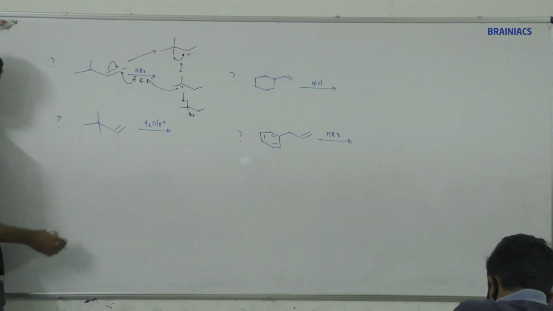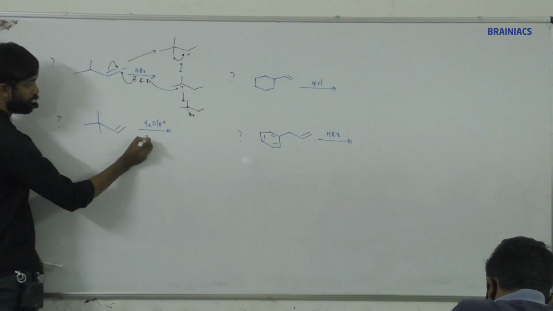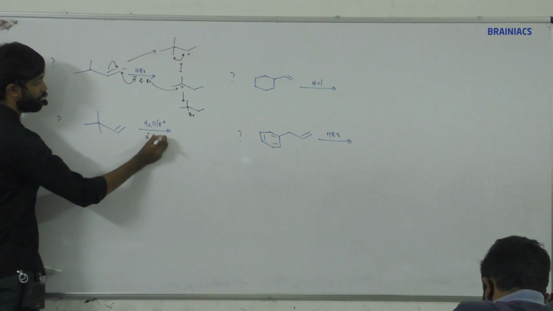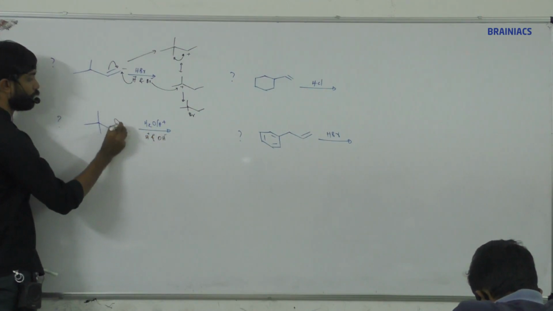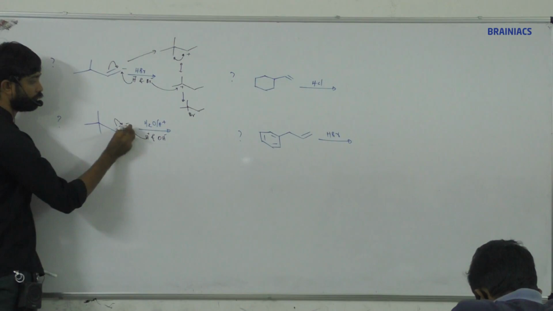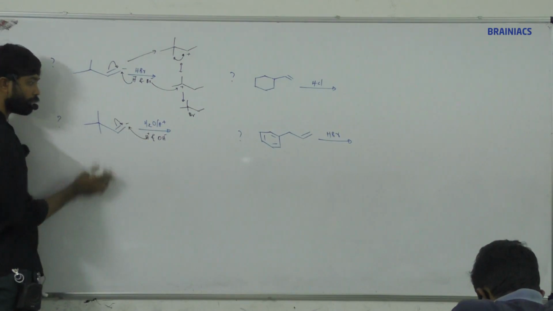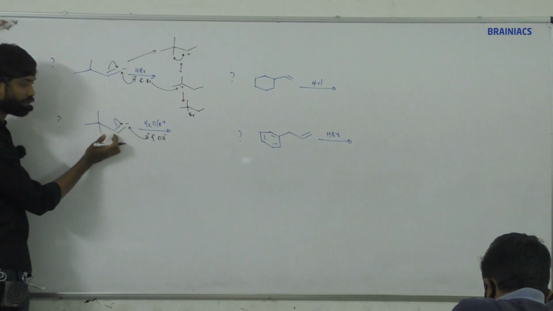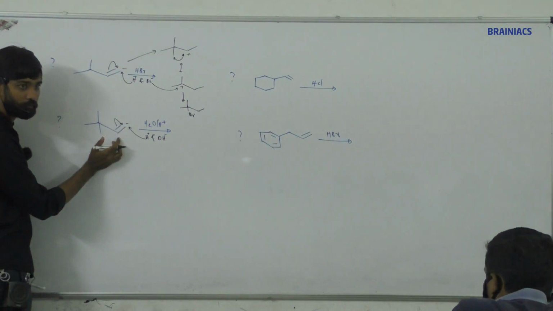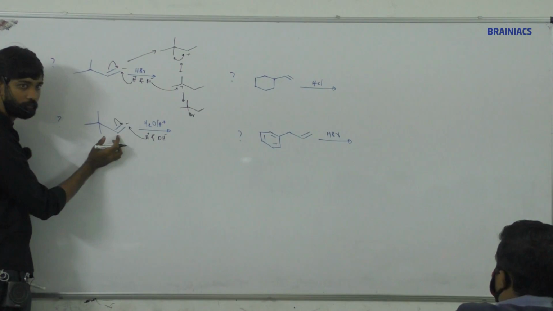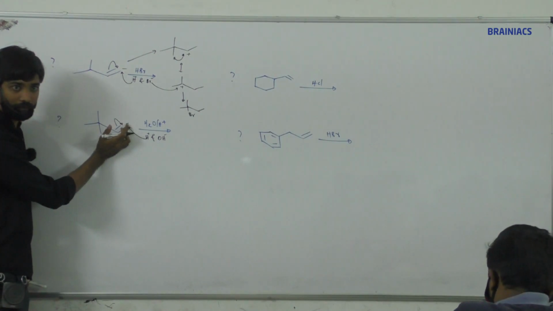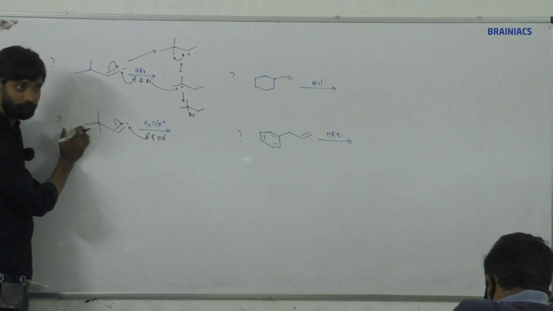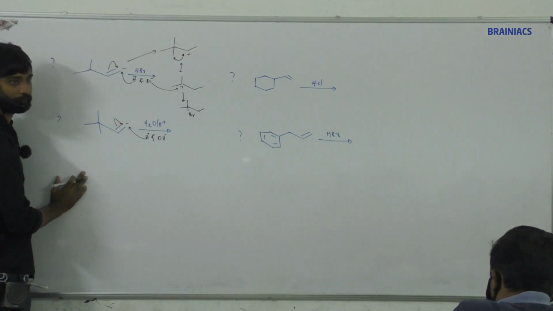The next. Here it is H plus and OH minus. So this bond is polarized towards the end. The polarization may be to this carbon also. If to this carbon, this becomes minus and H plus attacks on this and becomes primary, and it rearranges to become secondary.